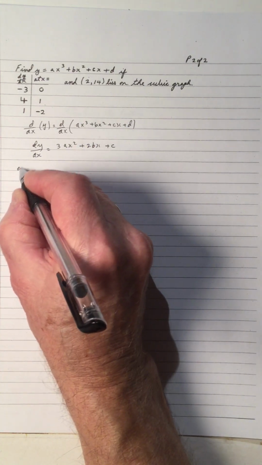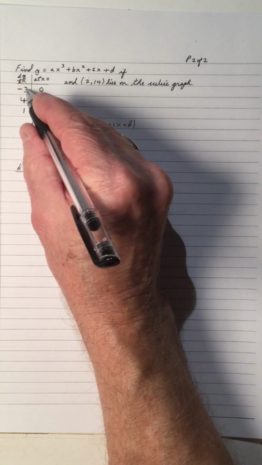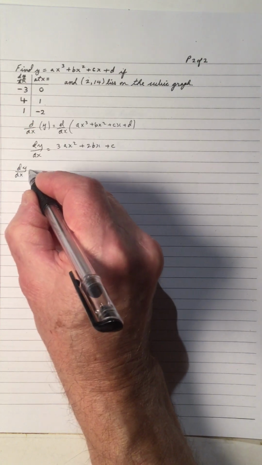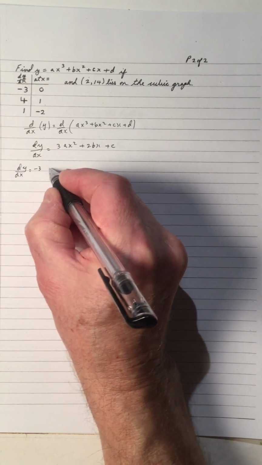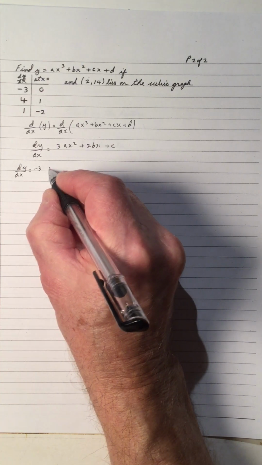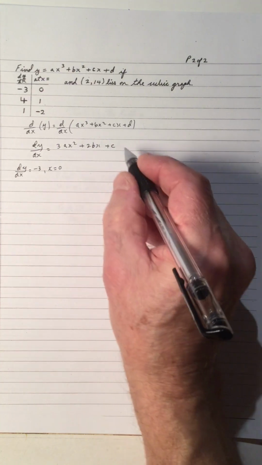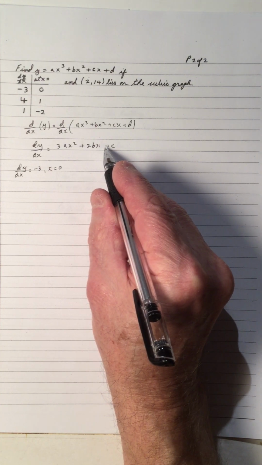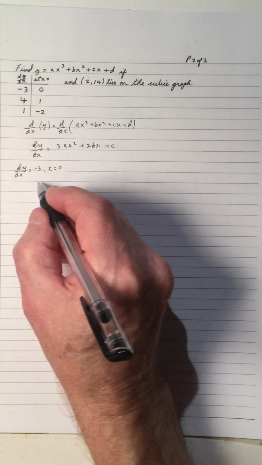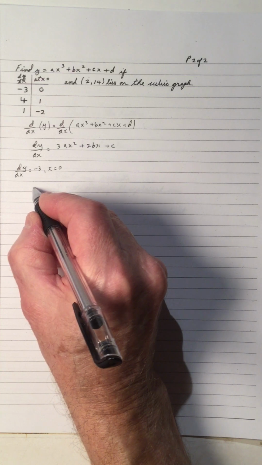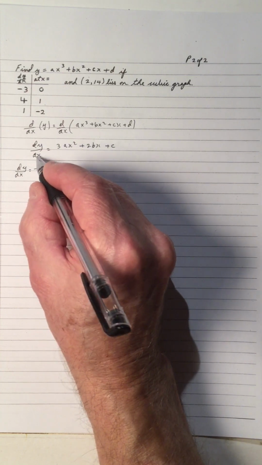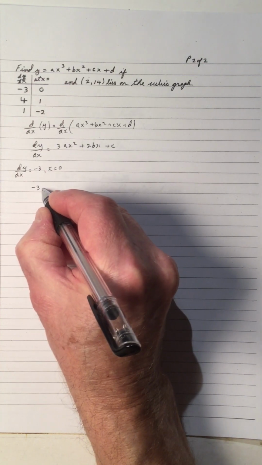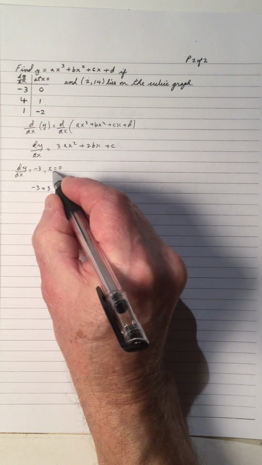Now we have, according to here, dy/dx is equal to negative 3 when x is equal to 0. So let's take this equation and sub in dy/dx is negative 3 when x is 0.